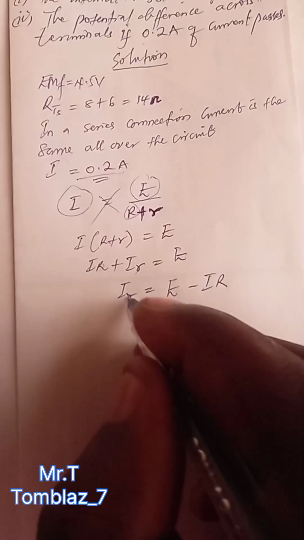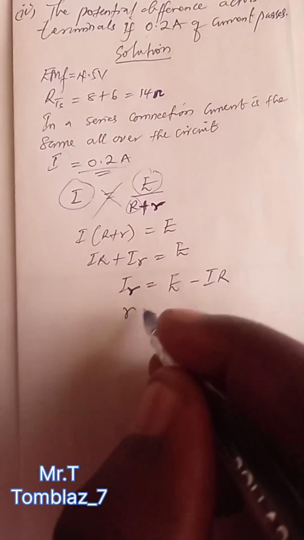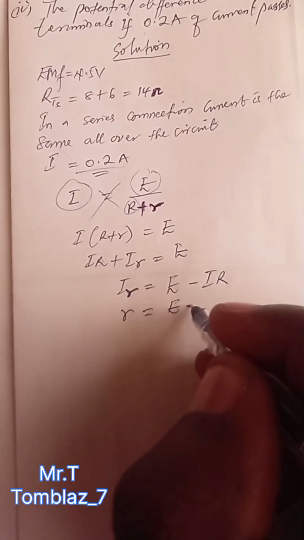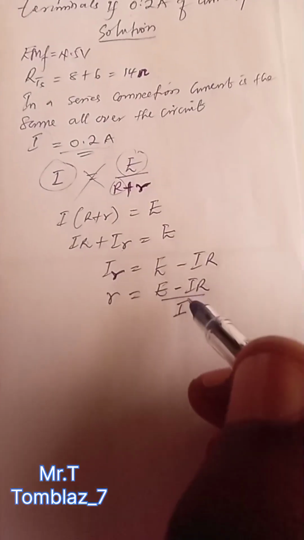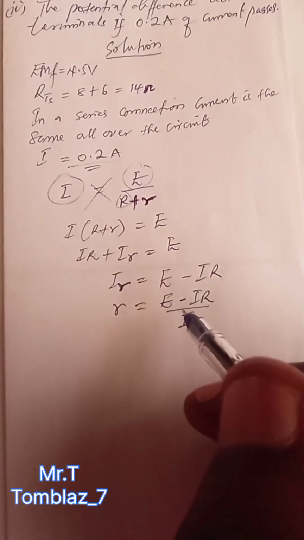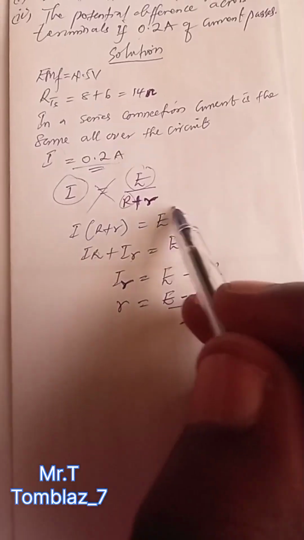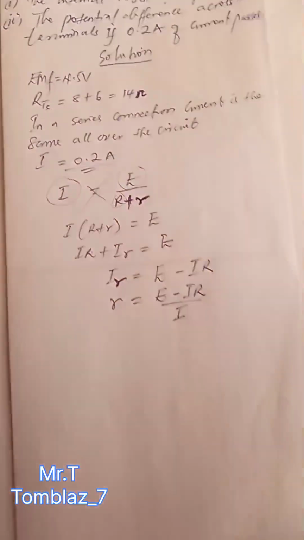And then since we are looking for small r, small r will be equal to E minus IR all divided by I. This step is not compulsory. You can just substitute your values here and find r.